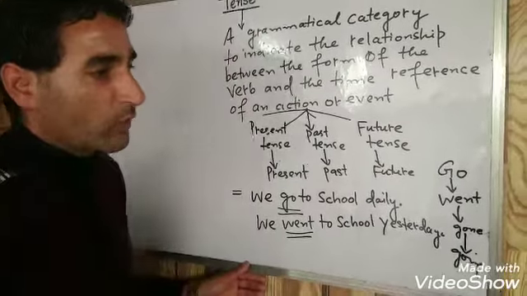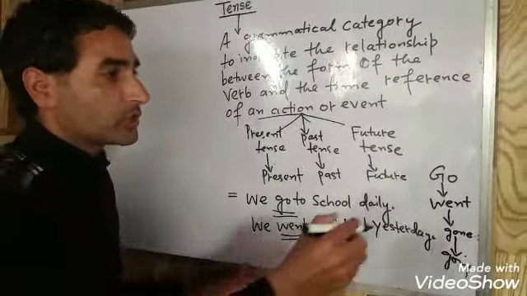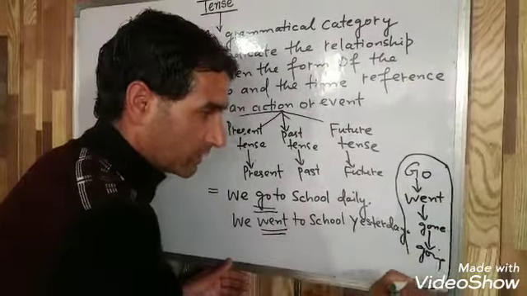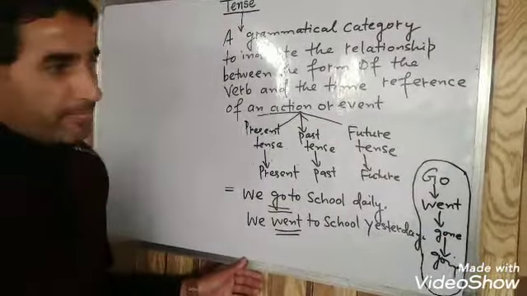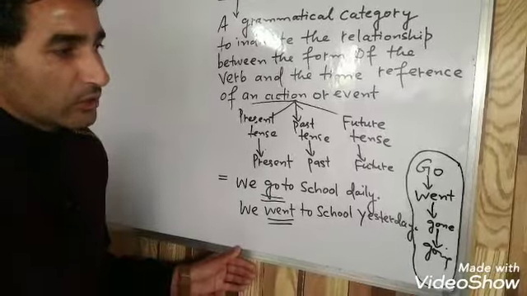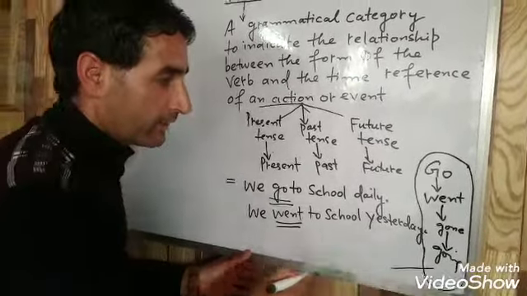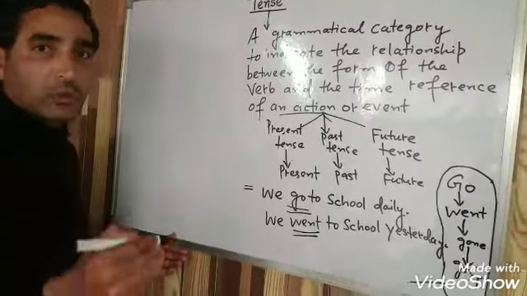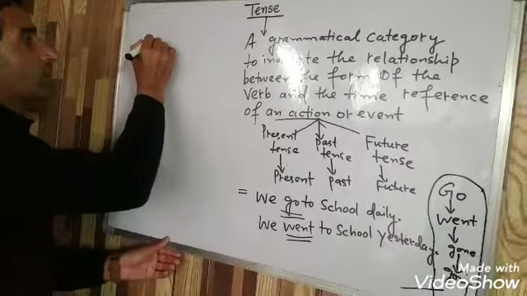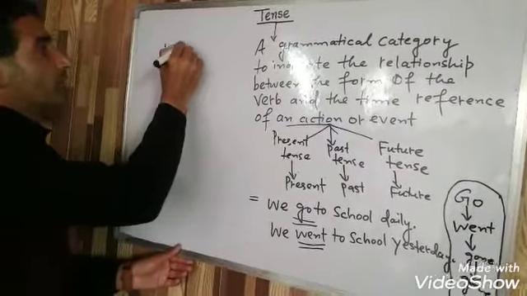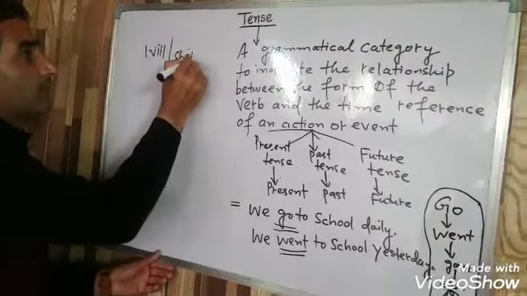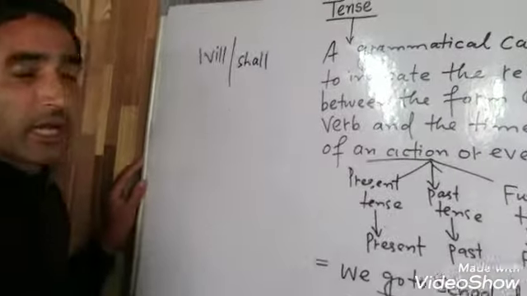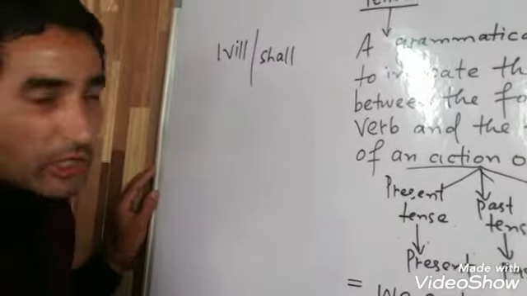So when we want to express future, we can conclude this is just the concept of time. Future is just the concept of time. The commonest way to express this future time is to use will and shall. But you have to remember, my dear students, that will and shall are modal verbs.